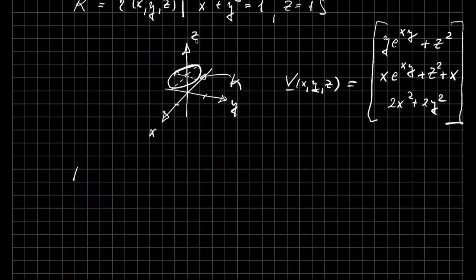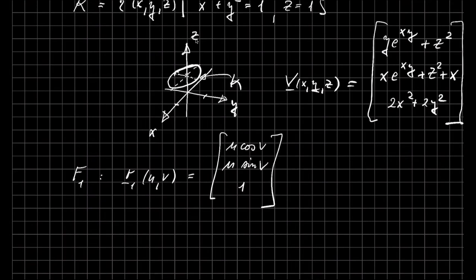I call this surface F1, and it has the parametric representation of U, V. You see, you have the normal unit disk in the XY plane, and then the third coordinate is 1.